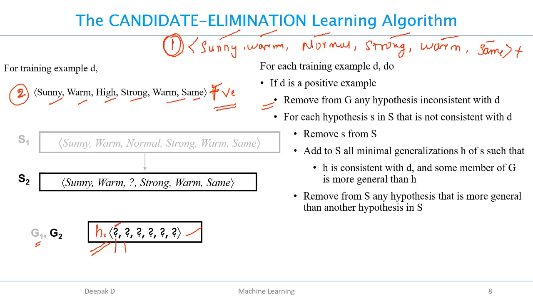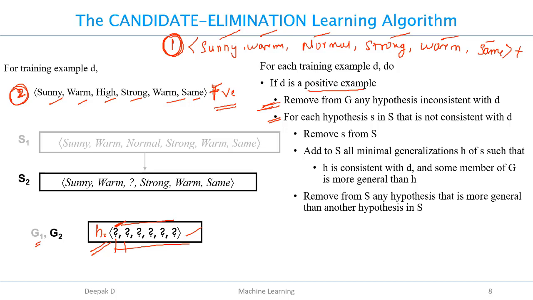If you replace the constraint, any value is acceptable, with all six attributes, it will classify the first instance as a positive instance, and the second as a positive instance. So this is with respect to the first step of your positive example. Similarly, you have to do the second step of your positive example.